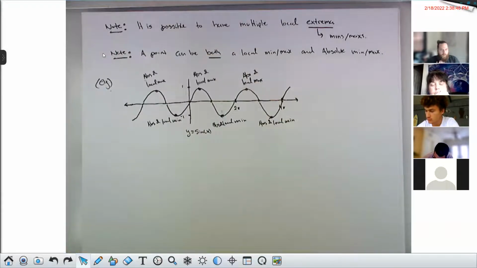So each one of these is an absolute and local max. Each one of the lower guys is an absolute and local min.